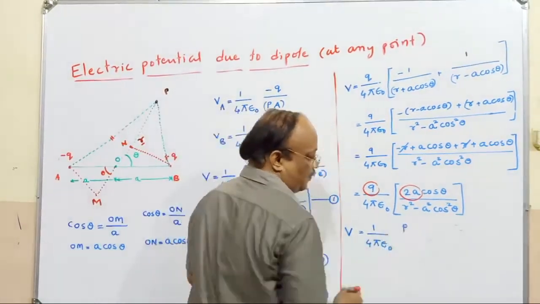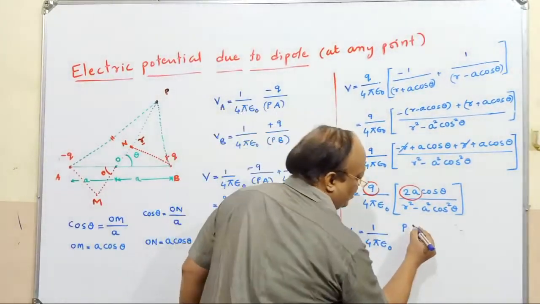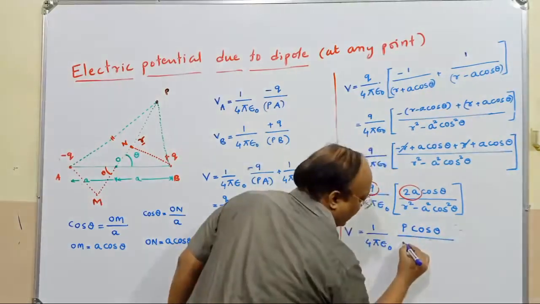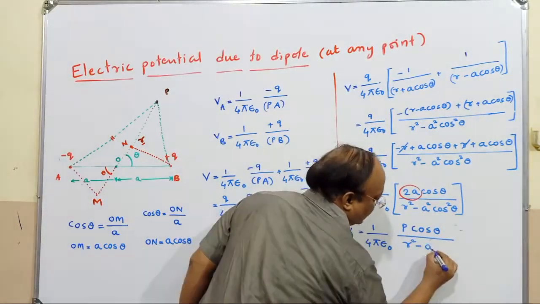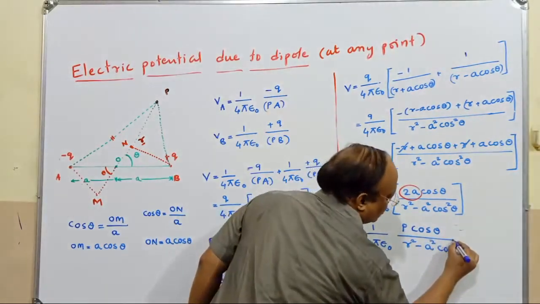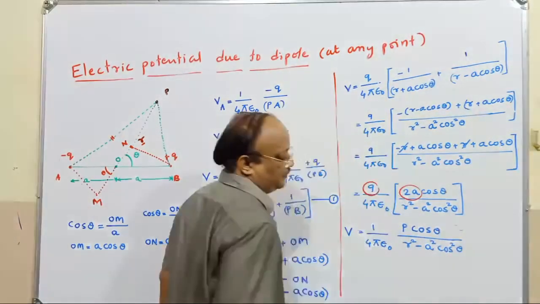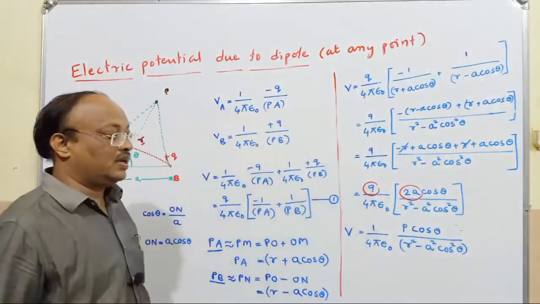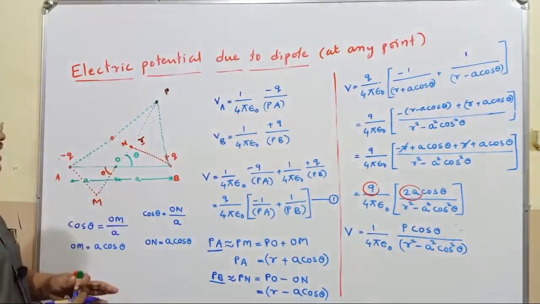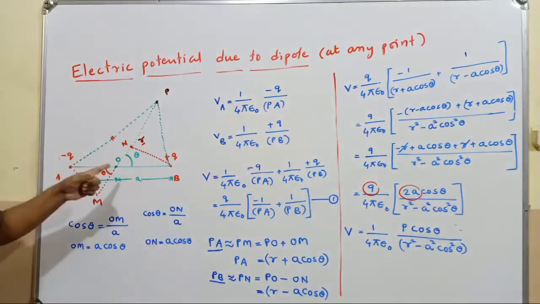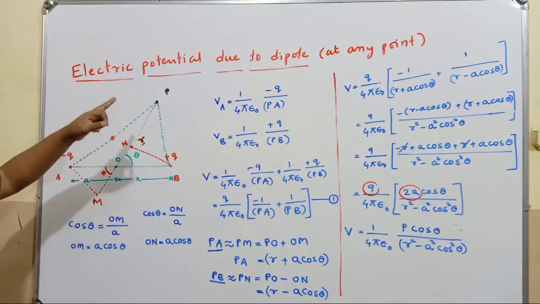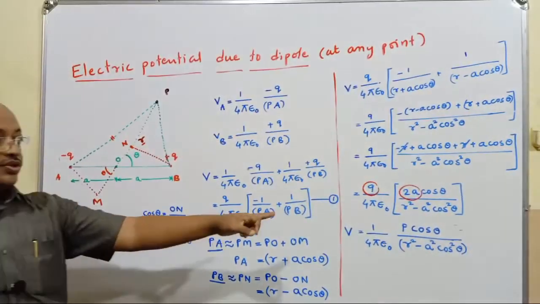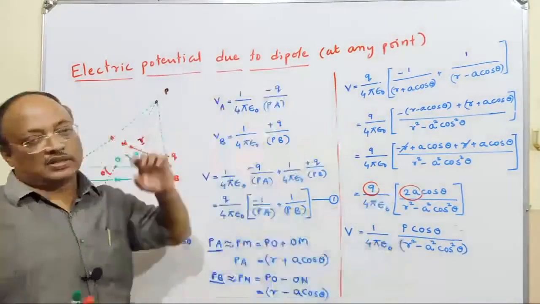This is our dipole moment, into cos theta divided by R square minus A square cos square theta. So this is at any general point. If you want to know the electric potential due to a dipole, this becomes the expression for us.